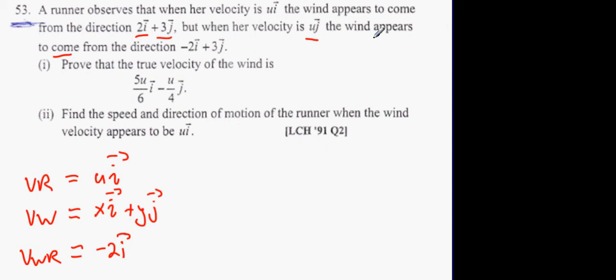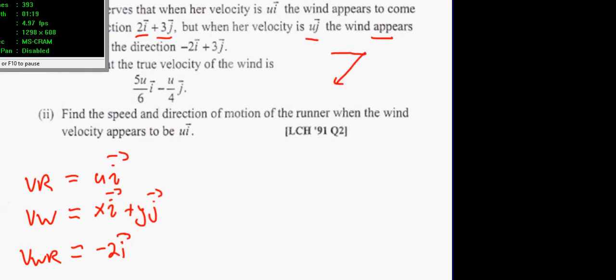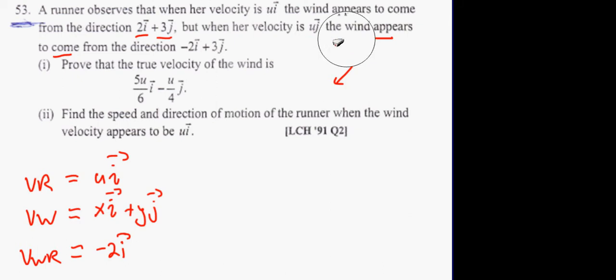I'm just going to pause there for one. So guys, the wind appears to come from the direction. When you draw your xy plane, it comes from the direction 2i plus 3j. That's 2 across, 3 up, like so.